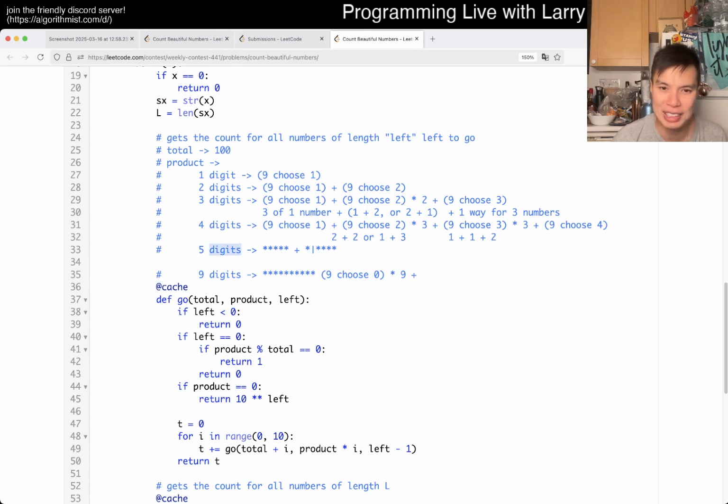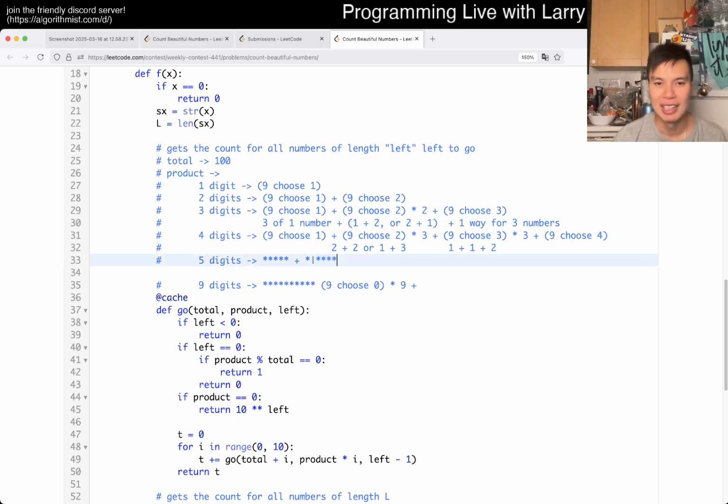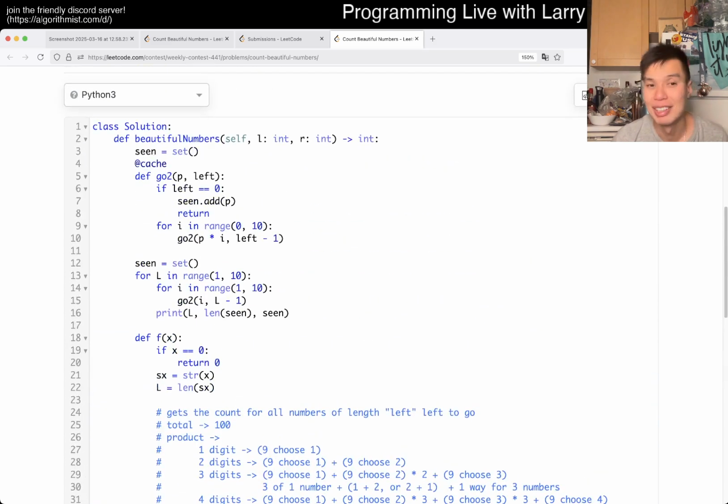For 5 digits, it means that 1 digit is one number and then you have 4 digits that are a different number, right? And it also goes, and all of these, that's this times 9 choose 2, right, and so forth, dot dot dot. But that said, that's interesting and all, but I couldn't figure out what that means in terms of a tighter bound.